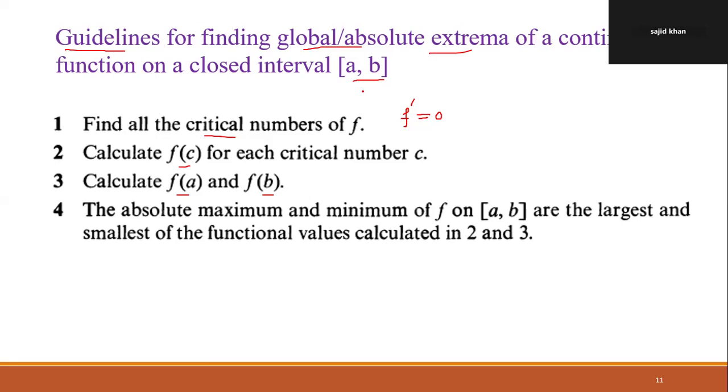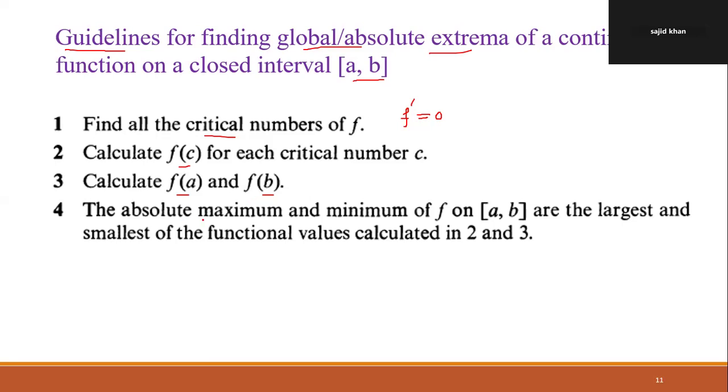Only over the critical numbers, as we discussed in the previous slides. When the derivative is equal to 0, we have to find critical numbers. After calculating the critical numbers of the function f, calculate the function value at A and B. So we have function values at these particular inputs.